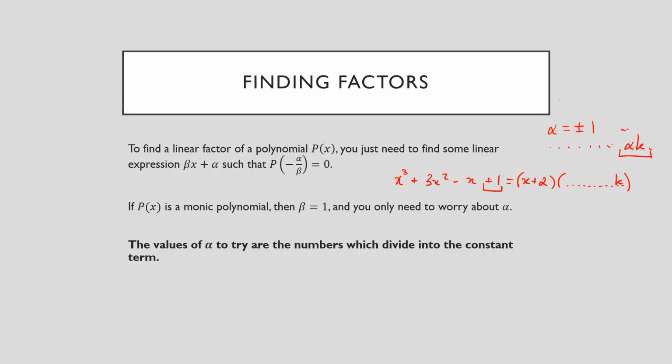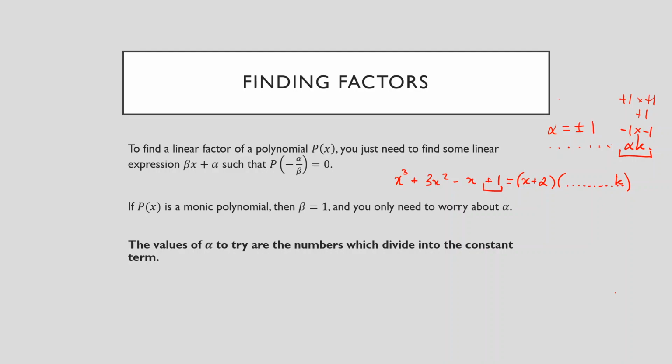You could be negative 1 times negative 1, which would give you positive 1 for this constant factor, or you could be using positive 1 times positive 1, which would still give you this positive 1 factor here. So the values of alpha that you can check are factors of the constant term of your polynomial.